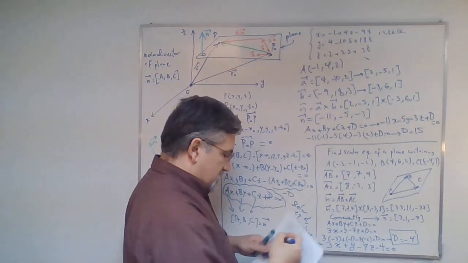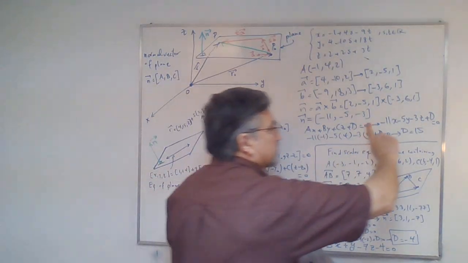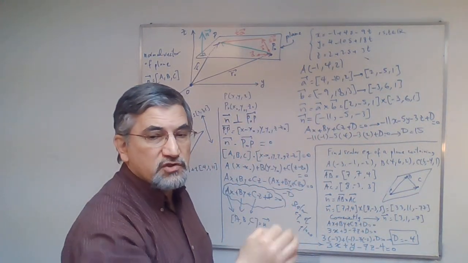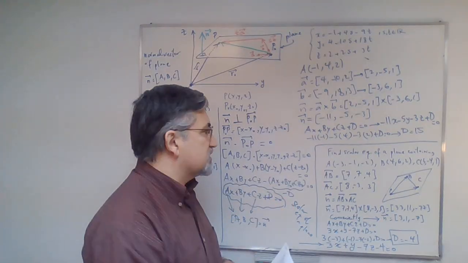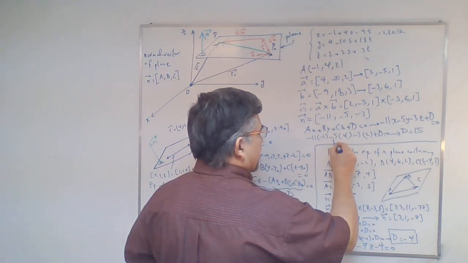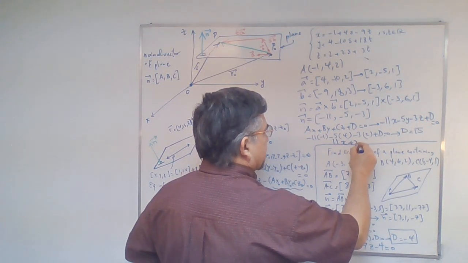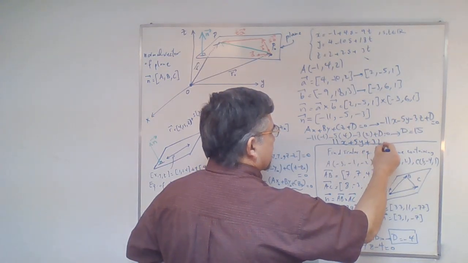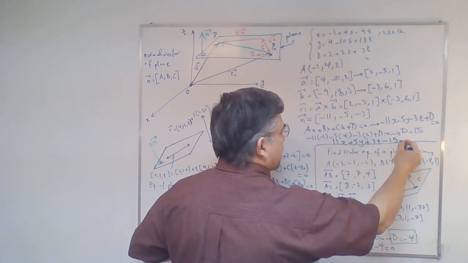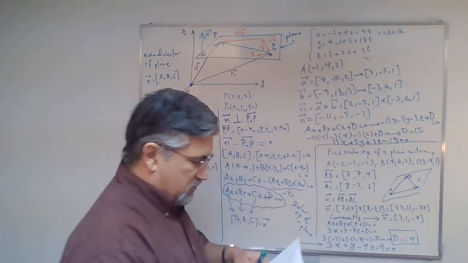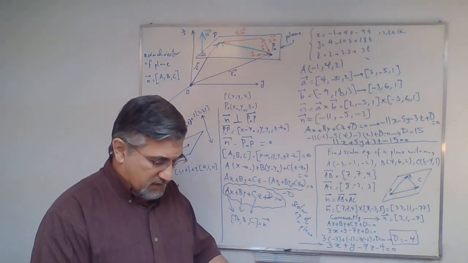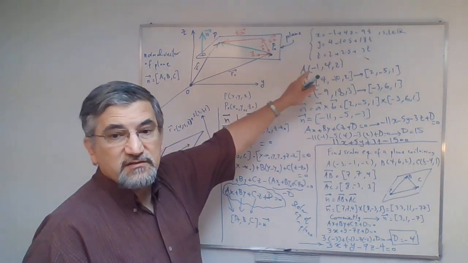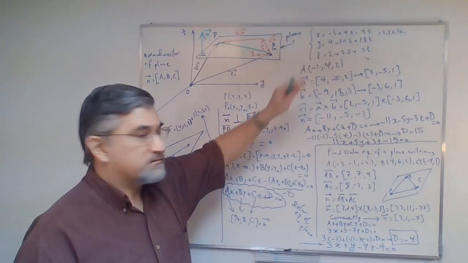So when you do the substitution, and when you multiply both sides of the equation by -1, just to have the x coefficient positive, you end up with the equation of 11x plus 5y plus 3z minus 15 equals 0. So that becomes the scalar equation of that vector equation of the plane given earlier.